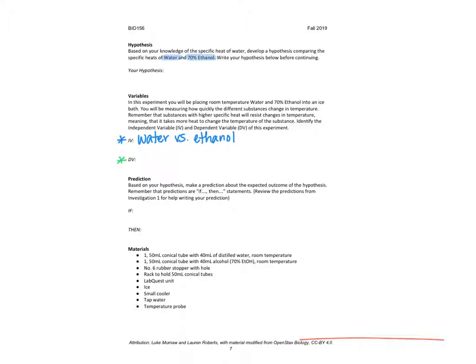You could also just write this as, if you wanted to just say the substance, or we'll say type of substance. All right, so that's what we're testing for our independent variable. Now for our dependent variable, we're measuring and recording the same thing we did in activity 1.